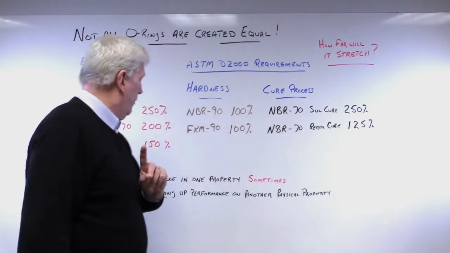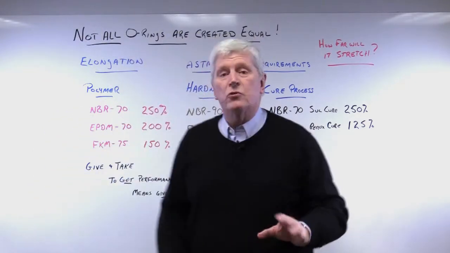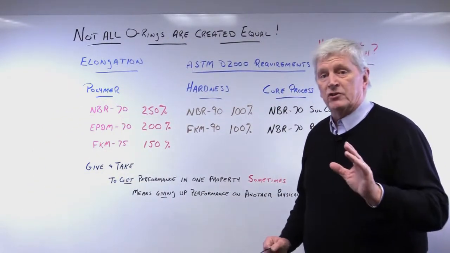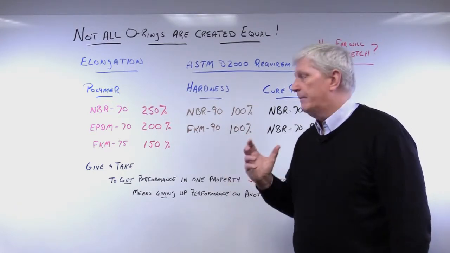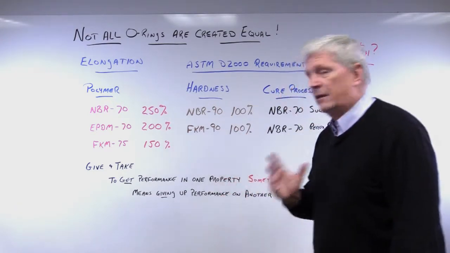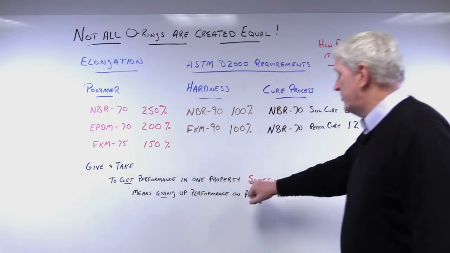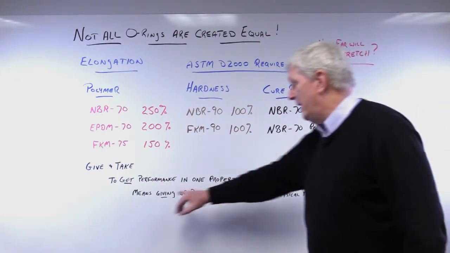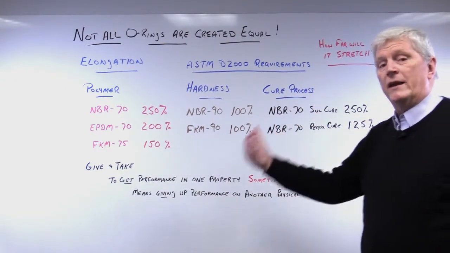And one last thing I want to point out, okay? There's some give and take as there is with most compounds and most elastomers when you're trying to reach a particular physical property. Elongation, just like any of the others, to get performance in one property sometimes means giving up performance in another physical property. You want elongation.